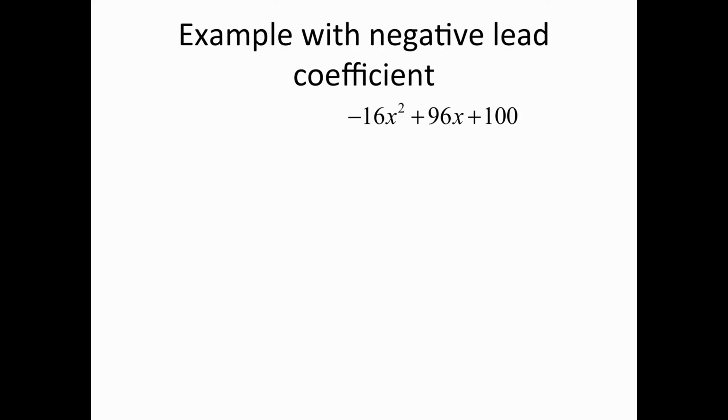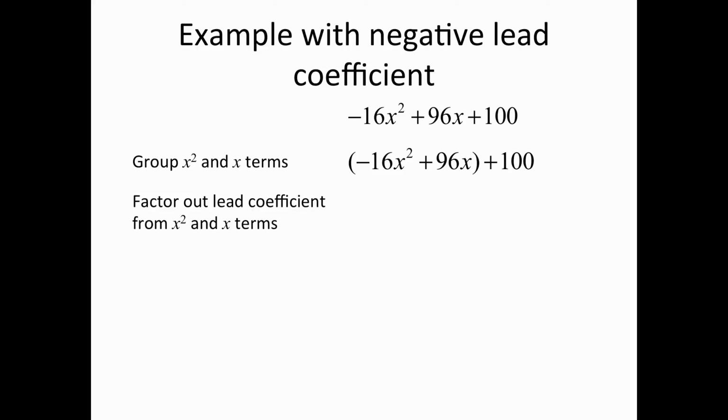I'd like to do one more with a negative lead coefficient. And this is going to come up when we start doing problems with projectile motion. Now, as before, we group the x and x squared terms, and we factor out the lead coefficient, which is negative 16.